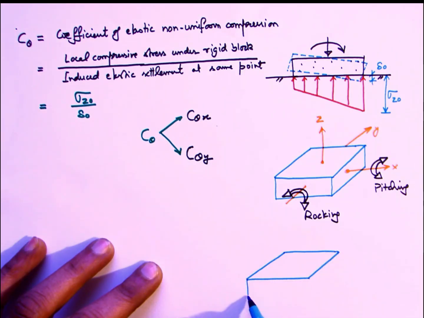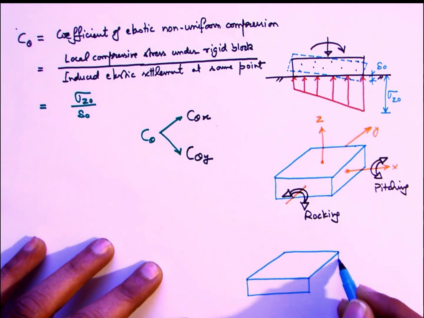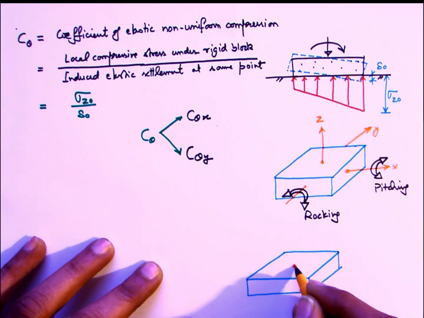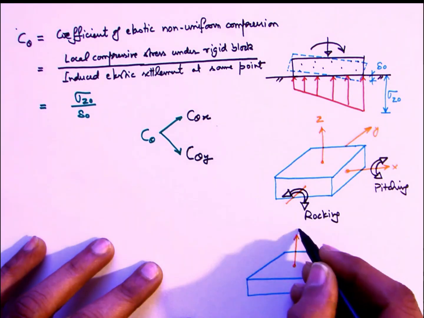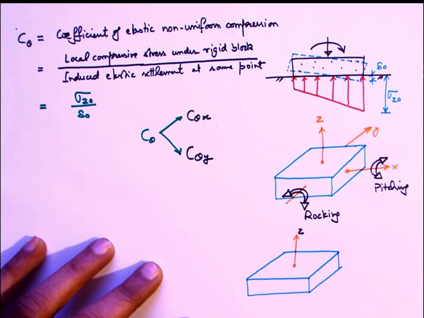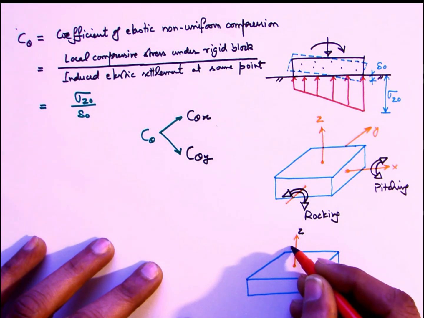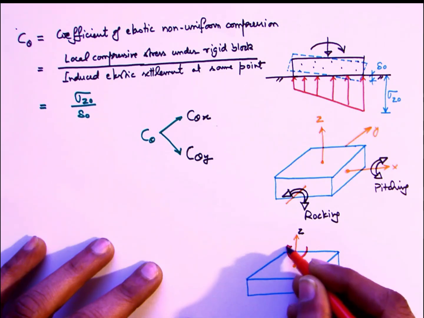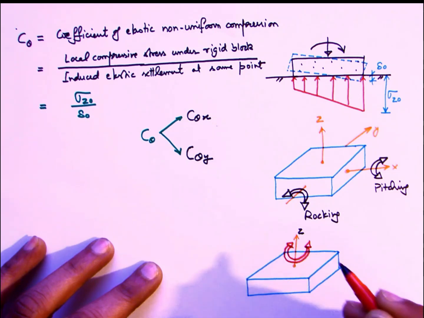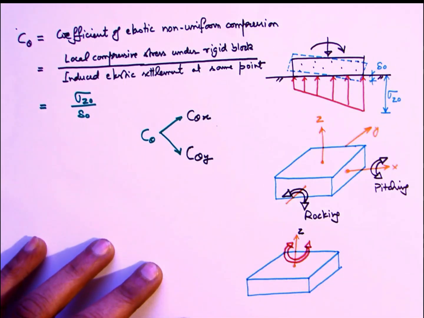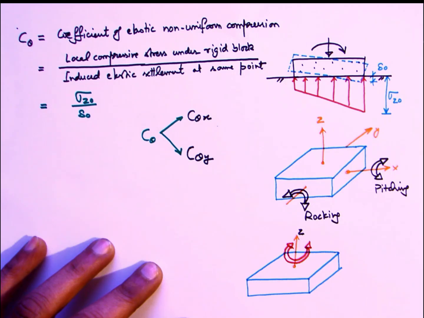The next type of elastic constant we are discussing pertains to non-uniform shear stress. Now, non-uniform shear stress occurs when the block undergoes shearing about the vertical axis, and that is torsion. In technical terms, this is called yawing. So here the shear stress is induced, but it will be non-uniform in nature.